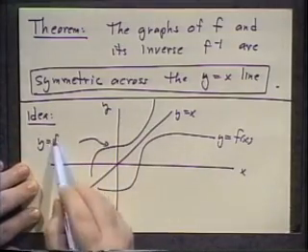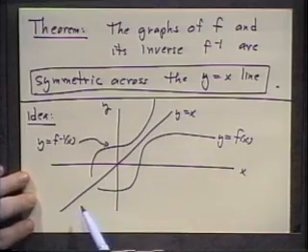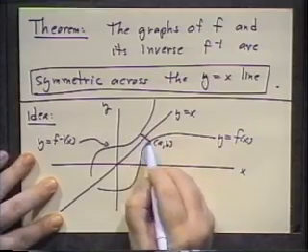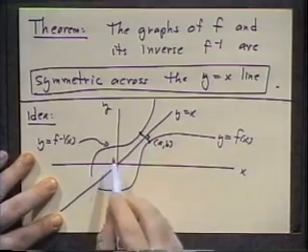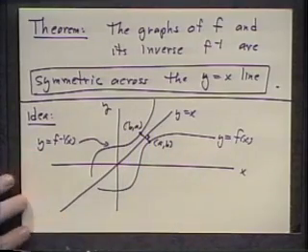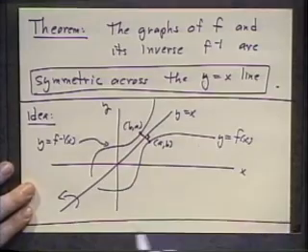Y equals f inverse of x. And I did that by simply reflecting across this line, so that a point (a, b) here becomes, directly across at right angles to this 45-degree line, the point (b, a) on the inverse function's graph.